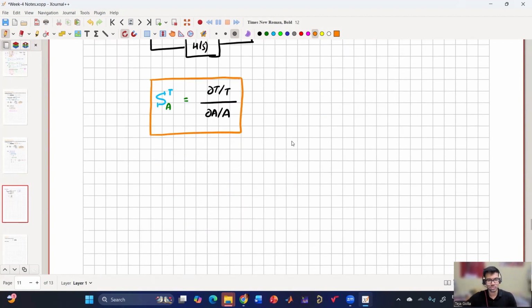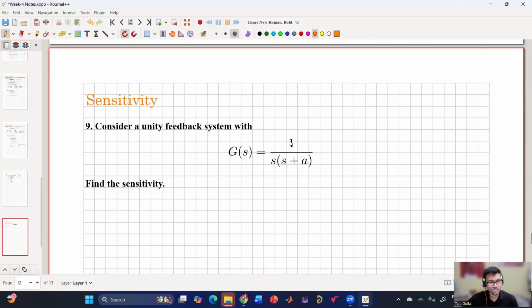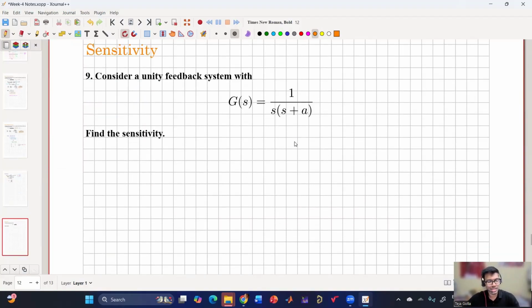So this is the concept. Coming to the problem, consider a unity feedback system, which means H of S is 1. And A is the varying parameter. Let us calculate T first. What will be T in this problem?